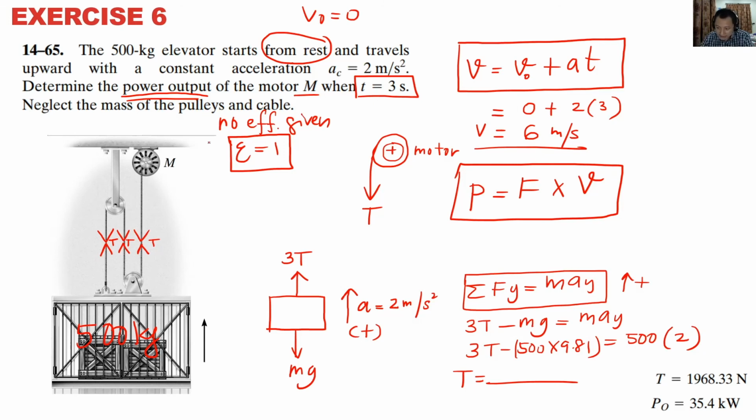So tension becomes 1968.3 Newton. This is the tension. What is the power?